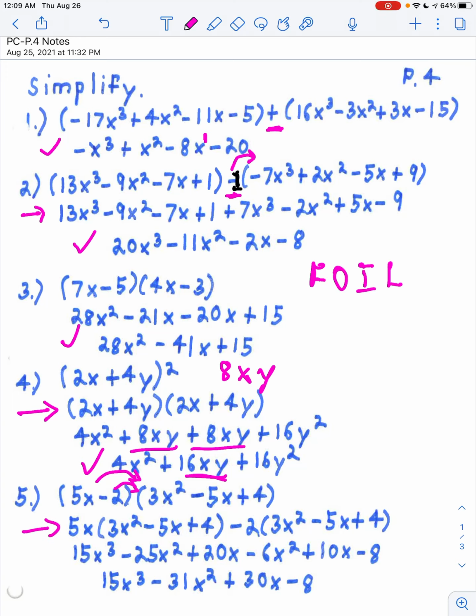So you can see in this critical second line, which some people do in their heads, they go straight to line 3, but if you're not comfortable with that, it might not be a bad idea to rewrite the product as distributing twice. 5x times the quantity 3x squared minus 5x plus 4, and then the negative 2 times the quantity 3x squared minus 5x plus 4. Of course, once you distribute and combine like terms, you get our answer of 15x cubed minus 31x squared plus 30x minus 8.